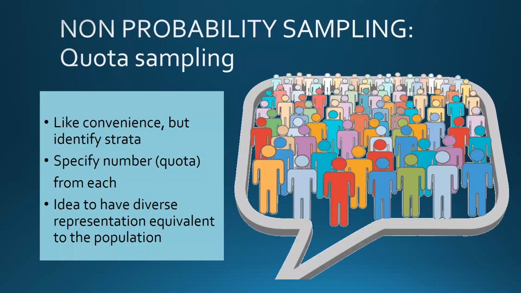And then we have quota sampling. It's similar to convenience, but you again identify by strata. So you take people conveniently, but as in the other example, once you have your 7 Caucasian people, you stop enrolling in that group and you start only enrolling Hispanic and African American folks into your study. So the idea is you have this diverse representation that's equivalent to the population.